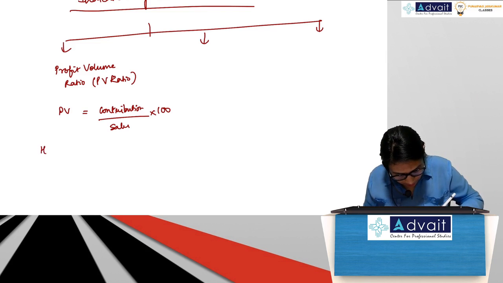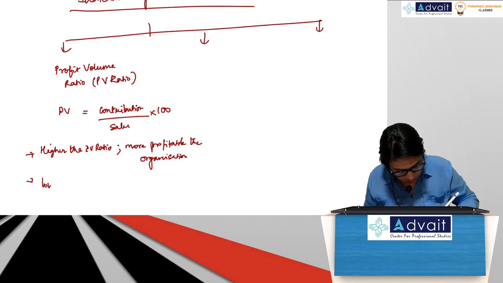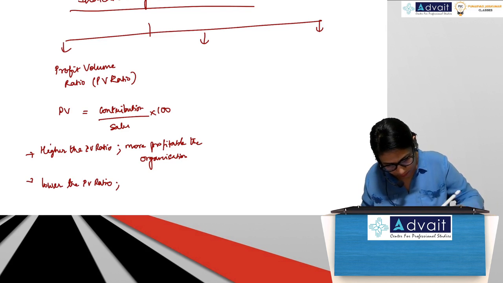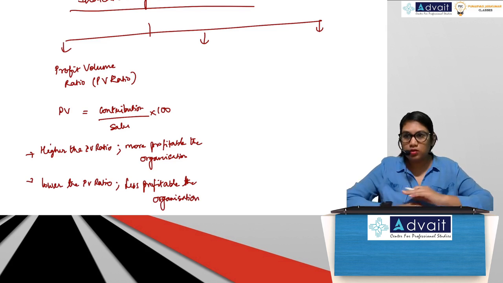So let's write: higher the PV ratio, more profitable the organization. Lower the PV ratio, less profitable the organization.